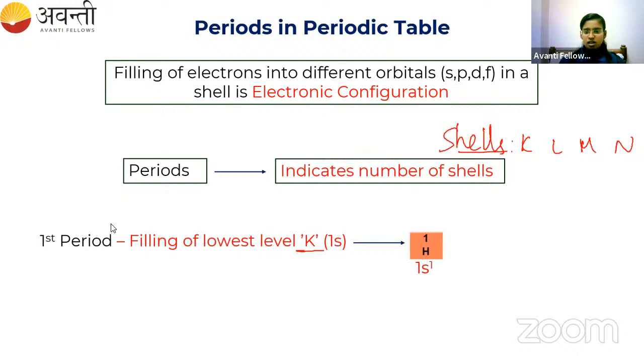The first electron is of hydrogen and the second electron is for helium. So hydrogen has 1s1 configuration and helium has 1s2 configuration. So totally how many elements do we have in the first period? 2 elements, only 2. Clear?